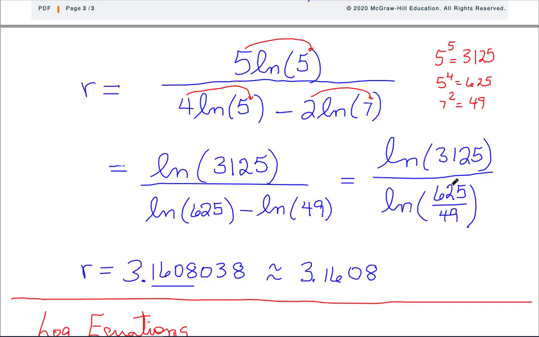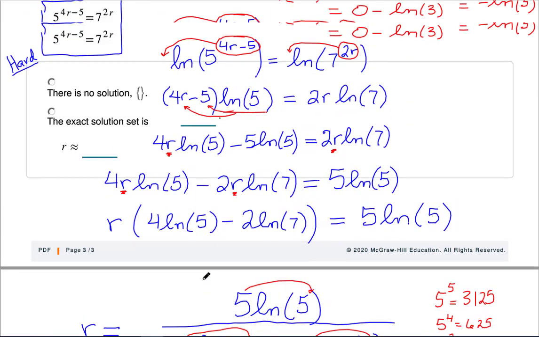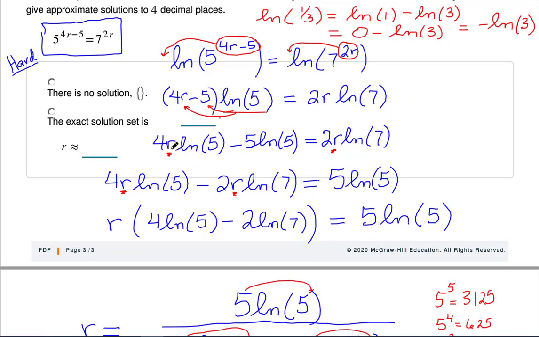Even at that, this is not the easiest calculation, but you do get 3.1608 when you round it to 4 decimal places. Again, not easy. And it's not easy because you had back here multiple r's and you had to get your hands on them by getting them together and factoring out something in common.